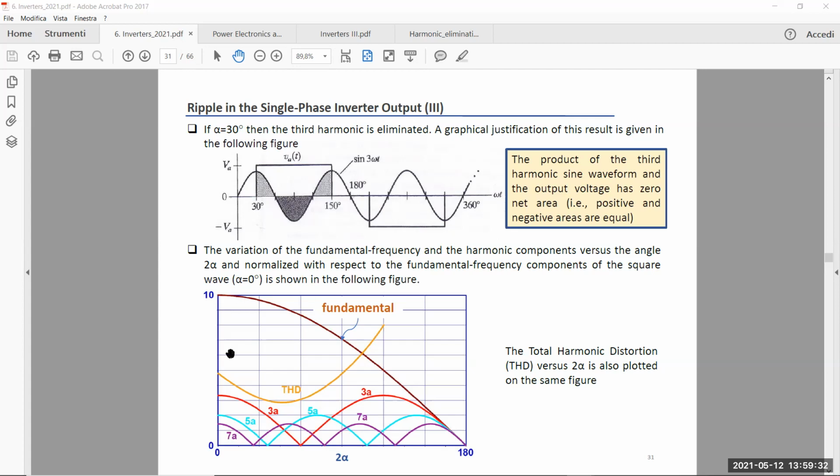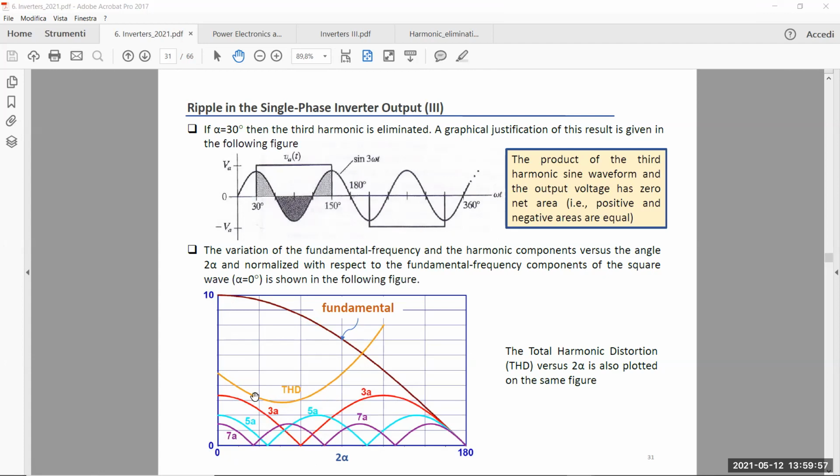This is the plot of the total harmonic distortion of the voltage cancellation inverter versus the angle 2 times alpha. And as you can see, this yellow curve is the total harmonic distortion. So the total harmonic distortion is a little bit lower if alpha is exactly 30 degrees. So 2 alpha is 60 degrees, so it's here.